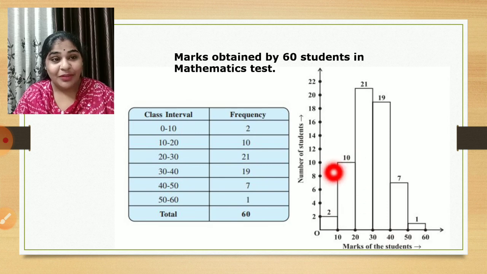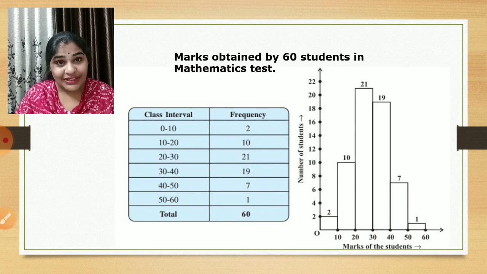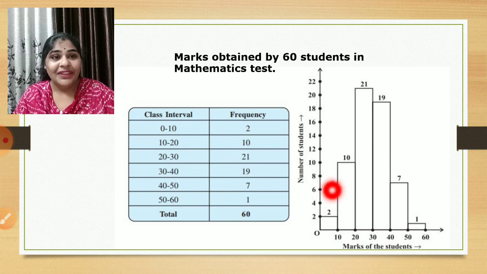The class intervals are taken on the x-axis, 0 to 10, 10 to 20, 20 to 30 and so on till 50 to 60, and frequency is taken on the y-axis, right?